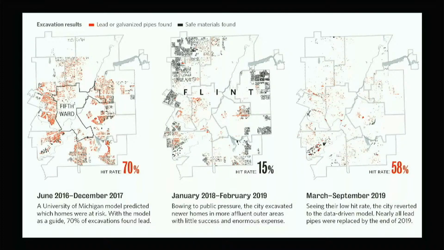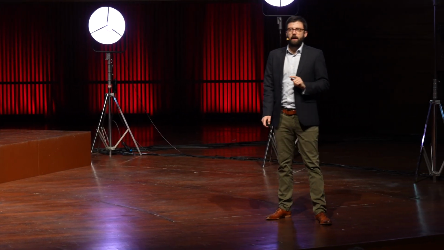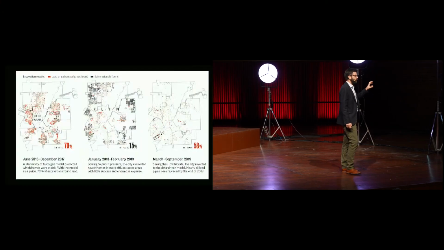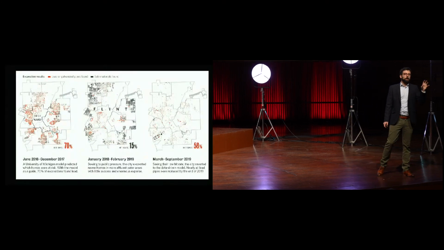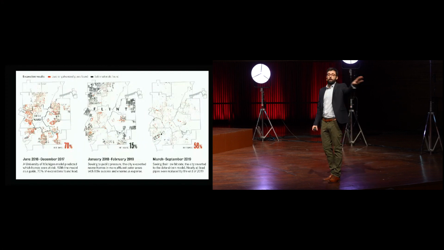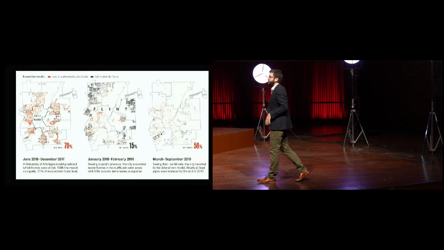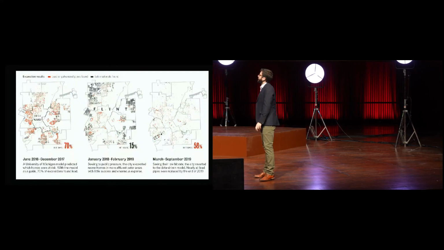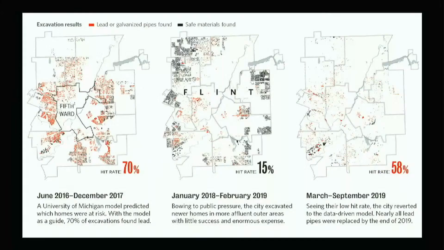The problem with this approach was that it wasn't necessarily politically the most expedient option for them, because more affluent areas towards the edges were unaffected by the lead poisoning, but they wanted their pipes dug up and checked as well. And so the city threw out the map and said, right, we're just going to do digging in some of these outer areas. Their hit rate dropped to 15%. So only 15% of the holes that they were digging, they were finding lead pipes, an enormous waste of resource.